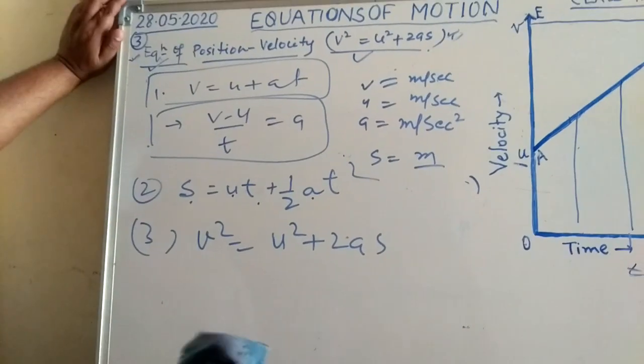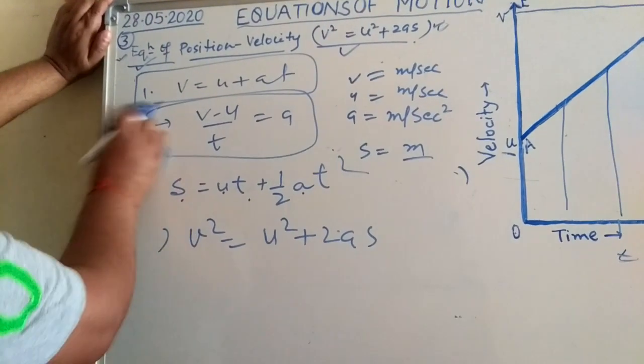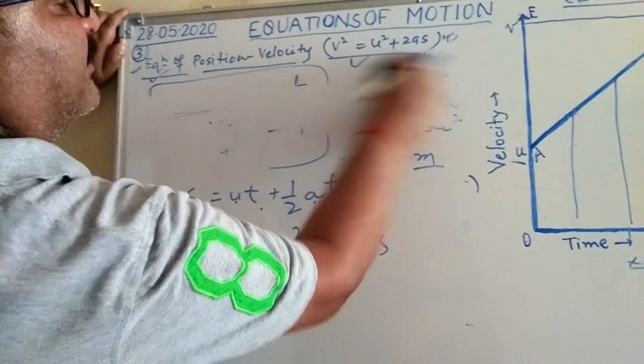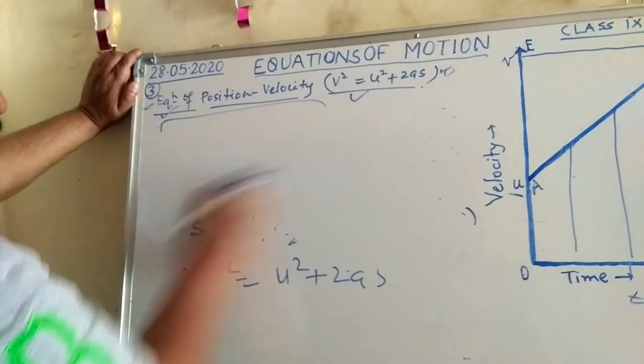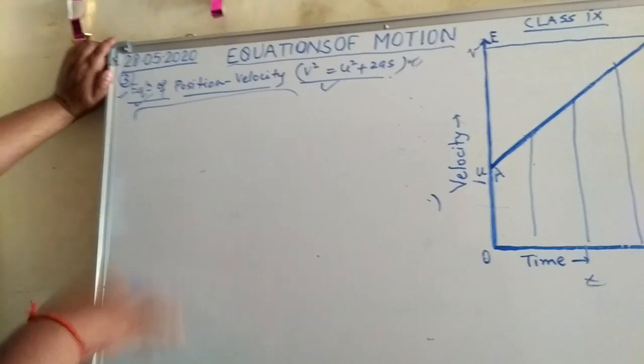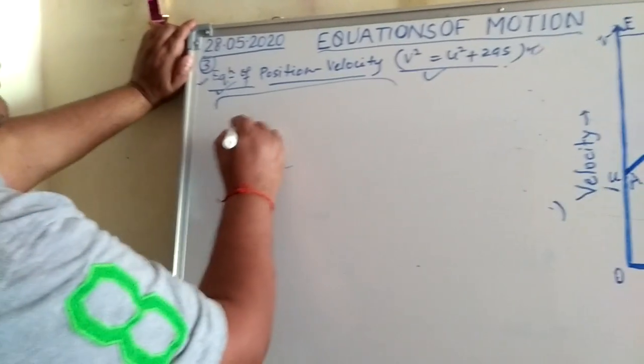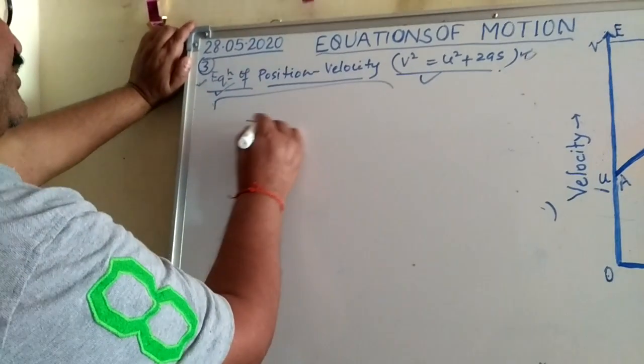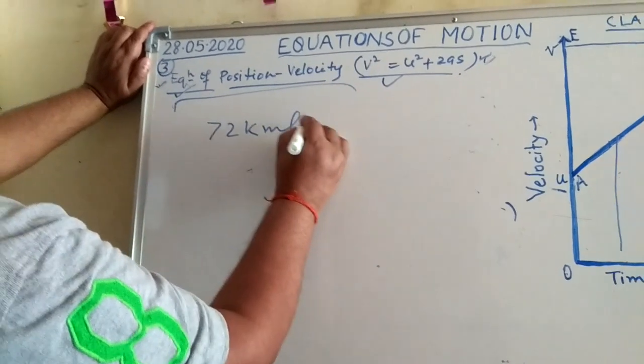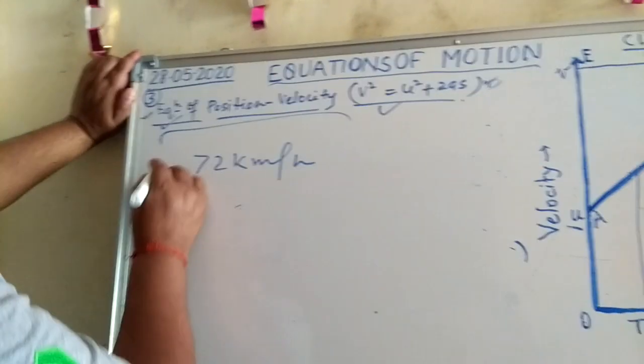These are the important equations while solving numericals of motion, so you must remember all of them. But also, in numericals, sometimes you get a speed of 72 kilometer per hour.